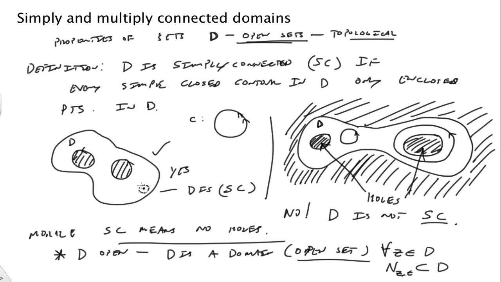It could be very, very small, but as long as I can enclose it by that. What we really mean by open is that every point, all points, are interior. All this does for us, practically speaking, is that we don't have to worry about points on a boundary.